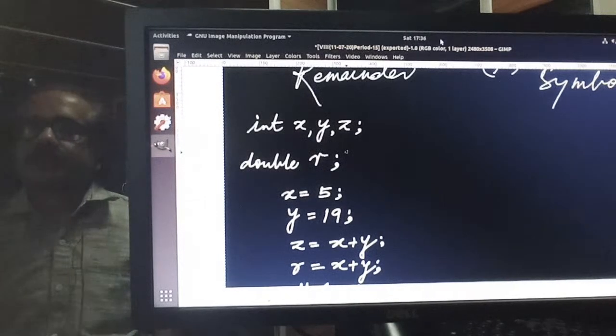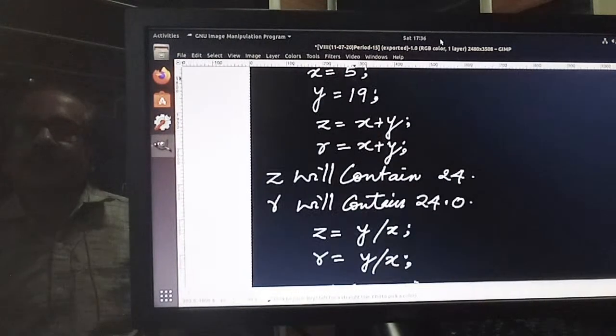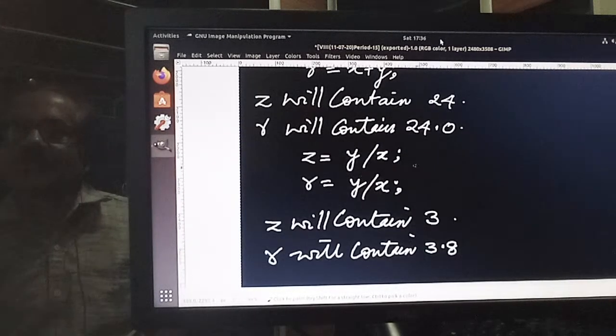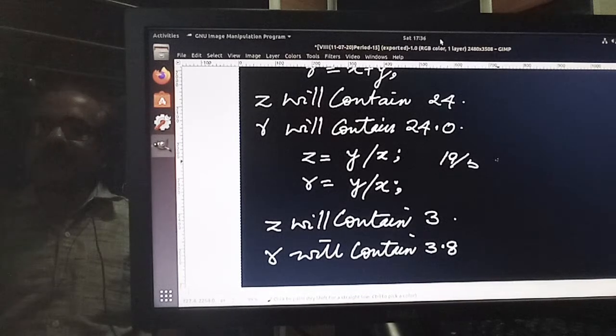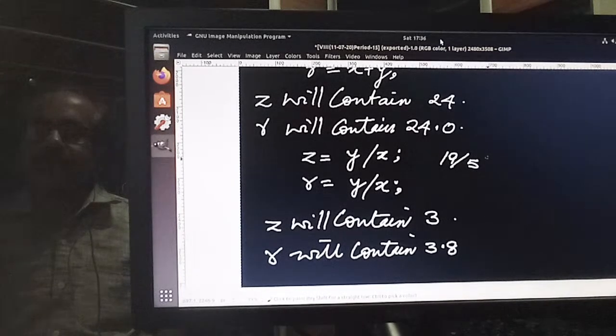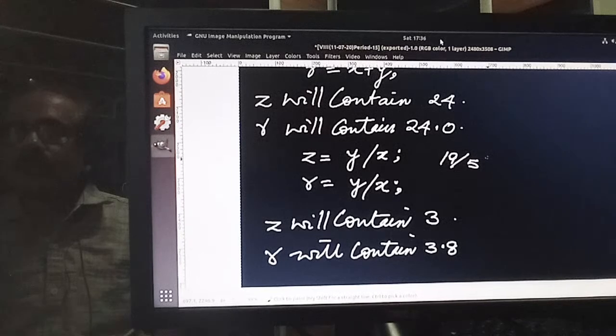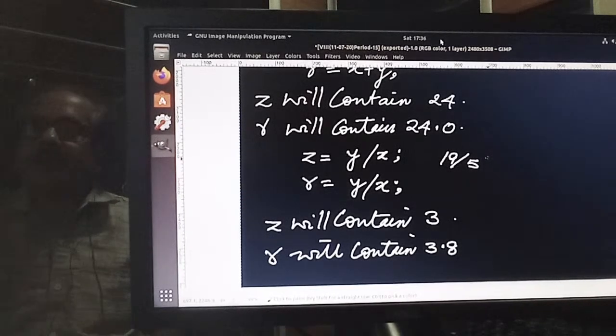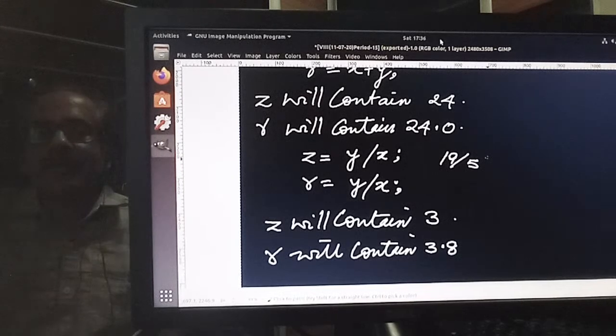So when you are taking 19 upon 5, there is actually a problem in this, which I will explain later, but for now let us focus. When you write 19/5, the integer is divided by the integer, so only the integral part will come as the answer.